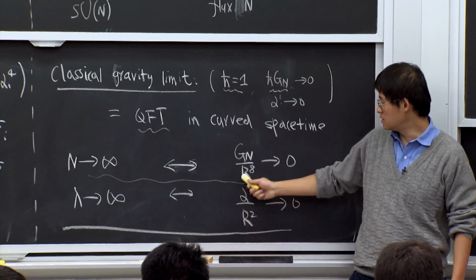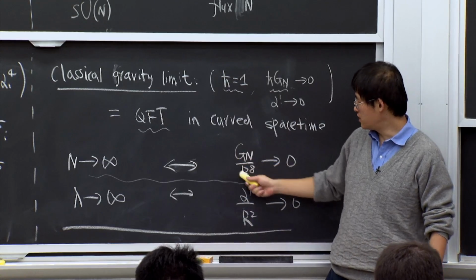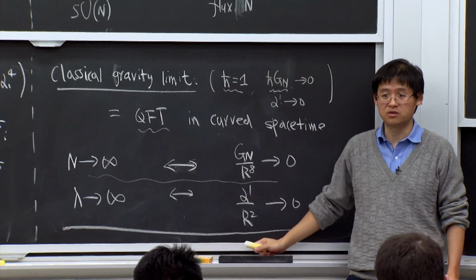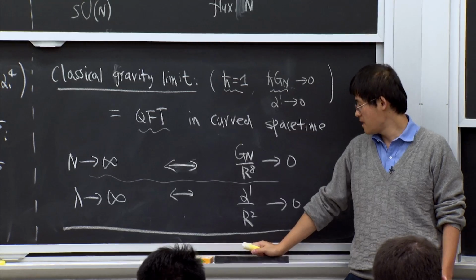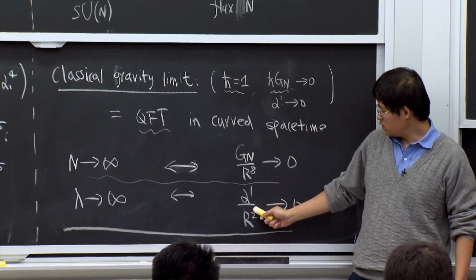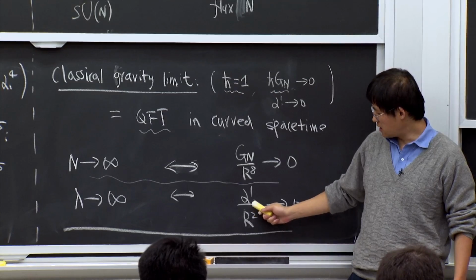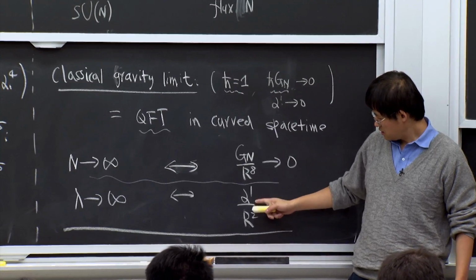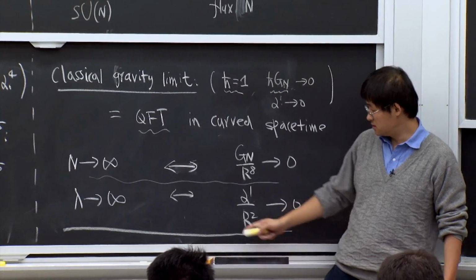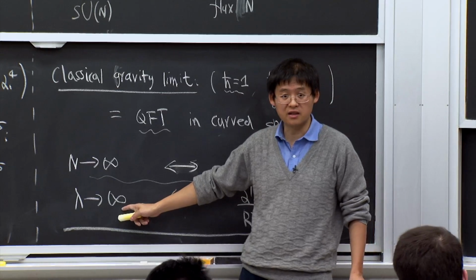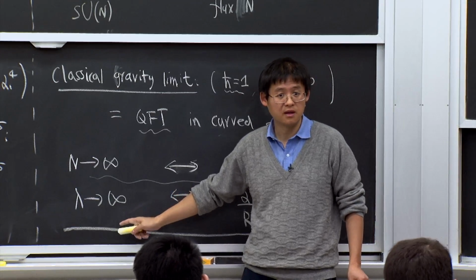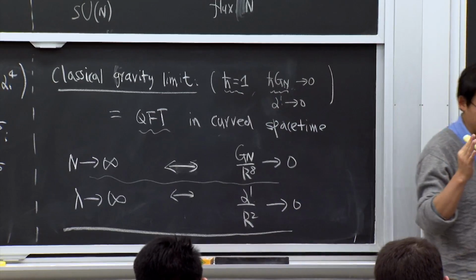So this is consistent with the gravity side, where the fluctuation in the geometry is very small. And now we see that the decoupling of the stringy effect requires strong coupling on the field theory side. This is also something we roughly said before.